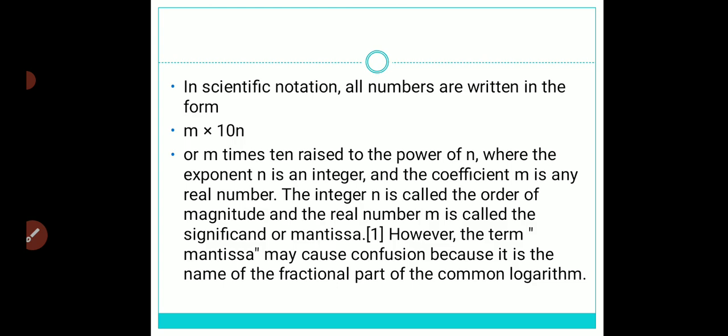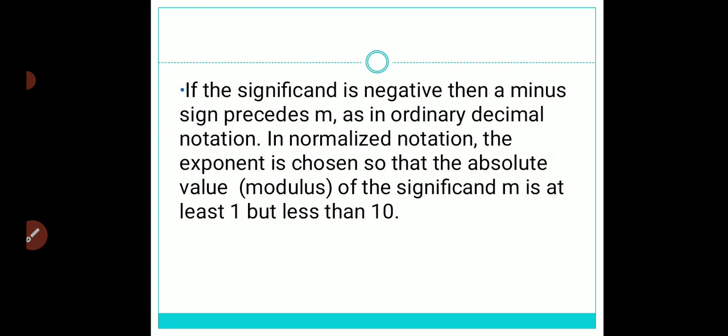However, the term mantissa may cause confusion because it is also the name of the fractional part of a common logarithm. If the significand is negative, then a minus sign precedes m, as in ordinary decimal notation.